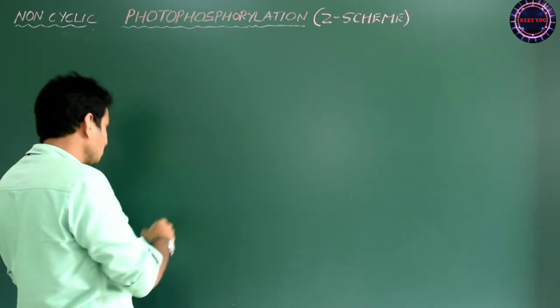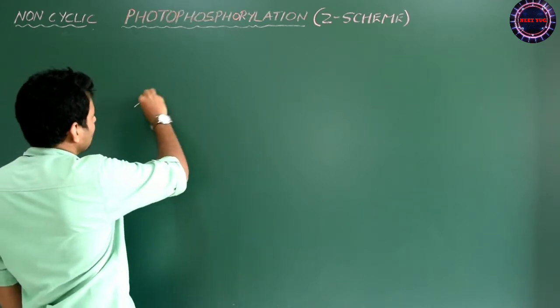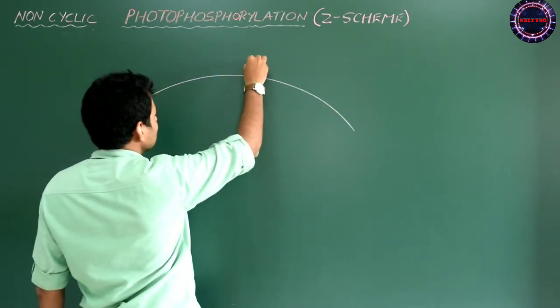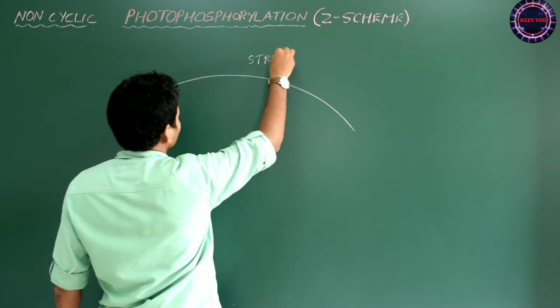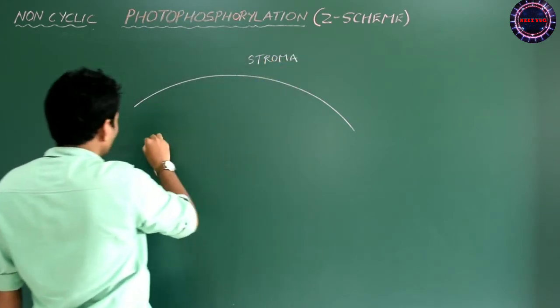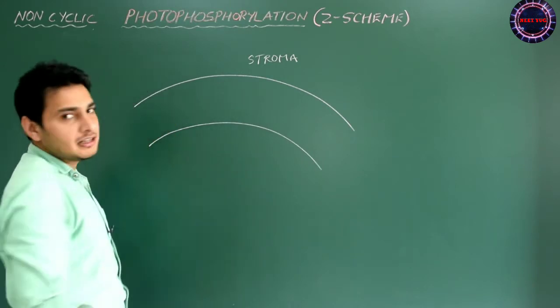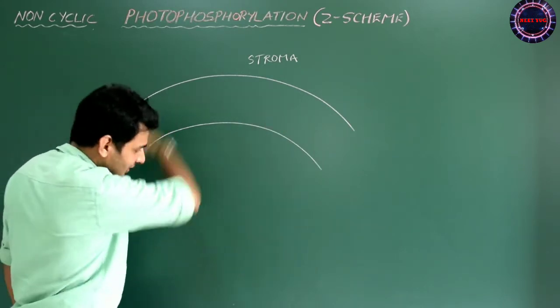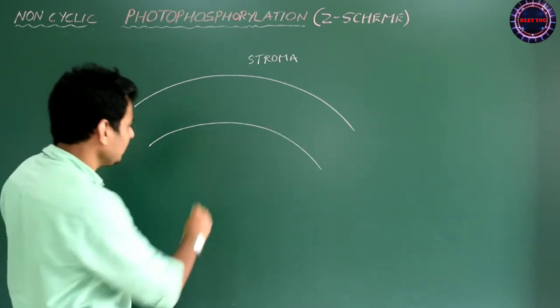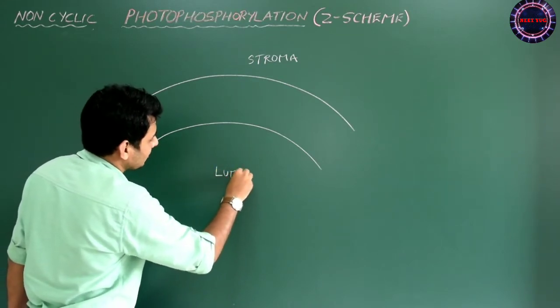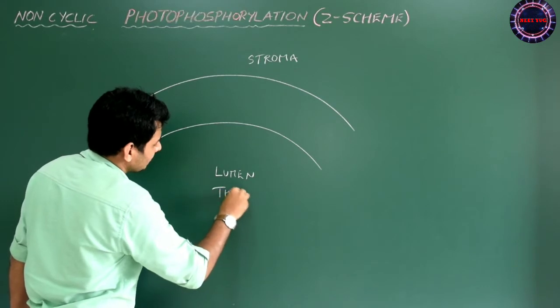So I am going to draw the membrane. This is the outer membrane, which is facing the stroma portion of the chloroplast, and I am going to draw the inner membrane, which is facing the lumen, the center of the thylakoid. I could have drawn it in a circular manner, not required. So this here is the lumen of the thylakoid.